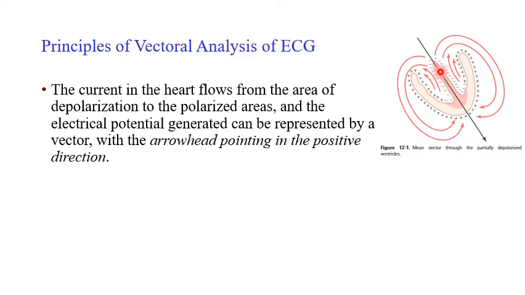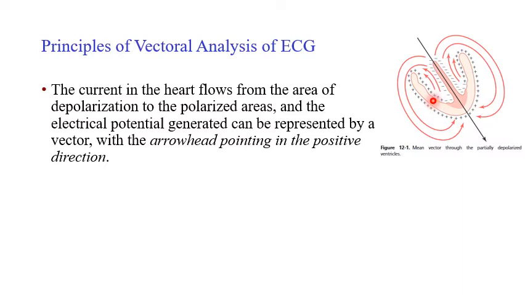So this is the area where depolarization starts. And the surrounding area with positive sign is actually a surface charge. So inside of the heart muscles, we have negative charges here, representing polarization status or resting membrane potential in these areas.